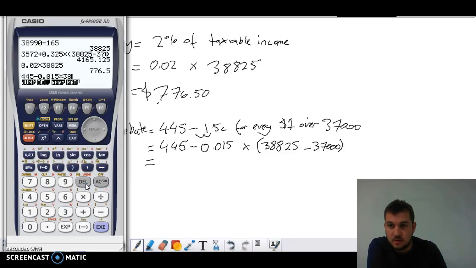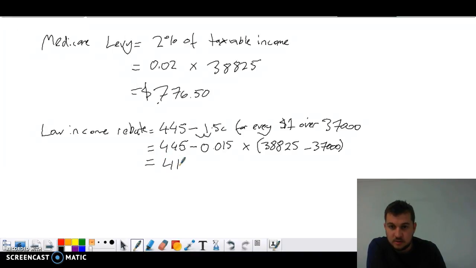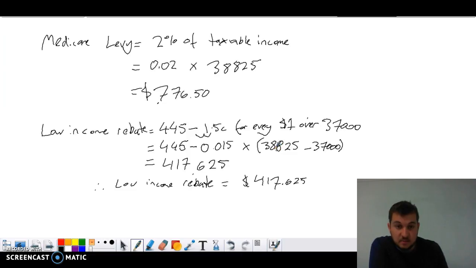I should put brackets, because if you don't put the brackets, then it's going to do the times in the wrong spot. Look at that, $417.625. So, therefore, low income rebate equals $417.625. That makes sense because he wasn't too far over $37,000, so the rebate shouldn't be reduced by a whole deal.